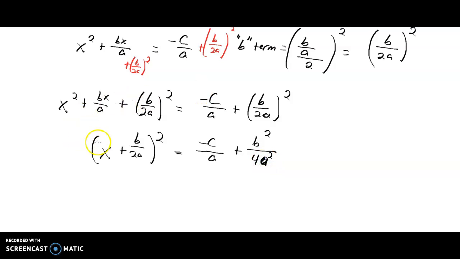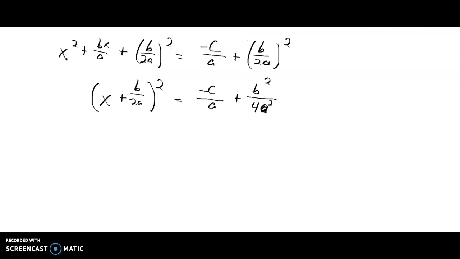So I have x plus b over 2a, squared, is going to equal negative c over a plus b squared over 4a squared, okay, because I squared that term there. So I need to find my common denominator for my right side. And I have an a here and I have a 4a squared here. So I need to multiply the top and the bottom of this by 4a over 4a.